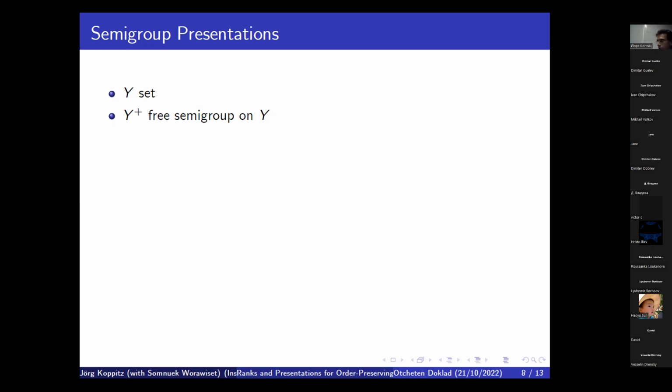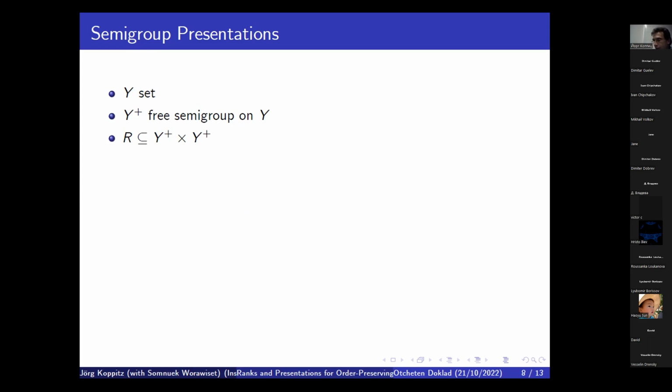Very important in this work are Vitor Fernandes from Portugal, as well as James East from Australia, and also Nick Ruškuc, who wrote his PhD thesis about the presentations for transformation semigroups.